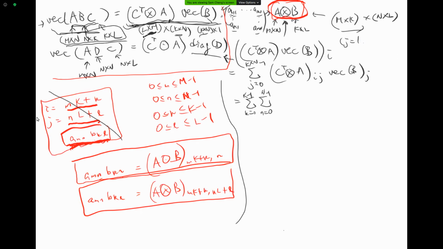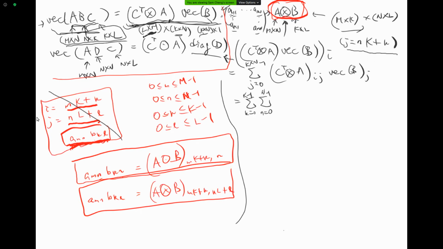I think it should be n times K plus small k. Let's see if it makes sense. If I pick a j like that.